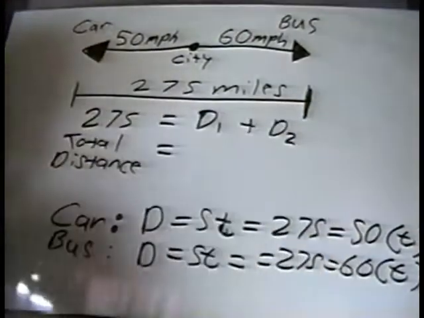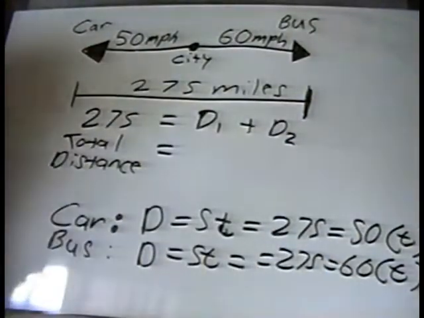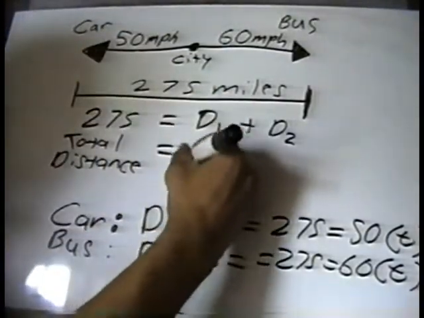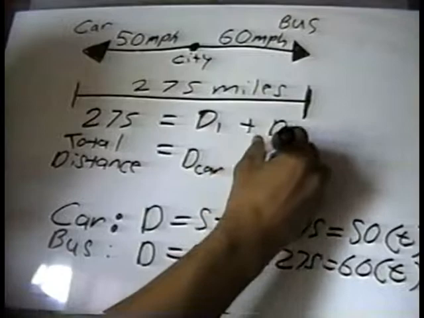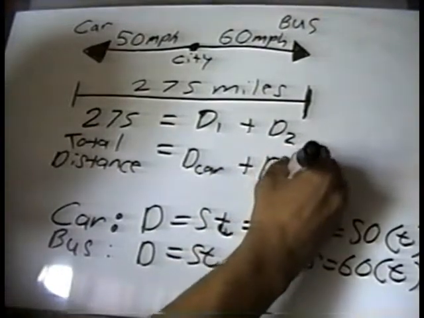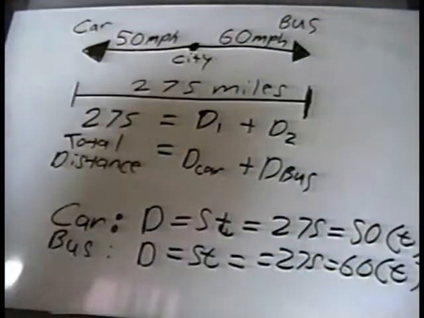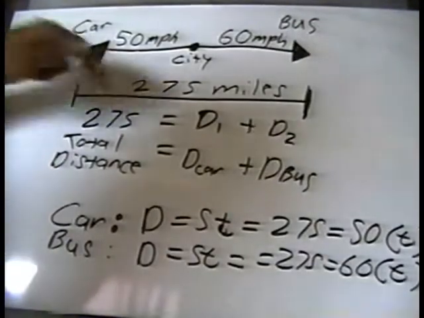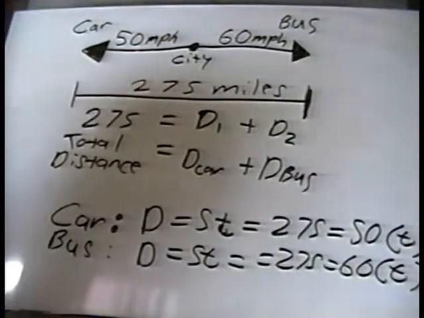Okay, so we're going to say the total distance. So the total distance is 275 miles. Okay?